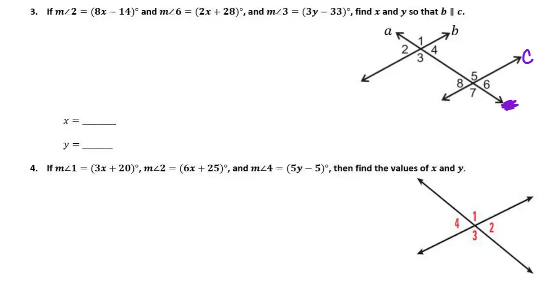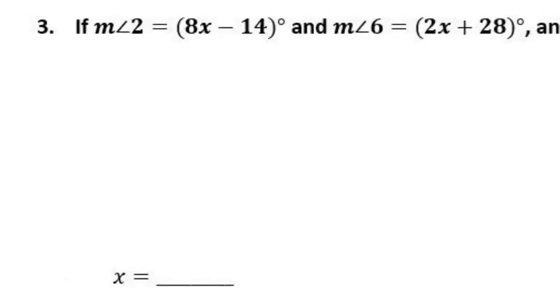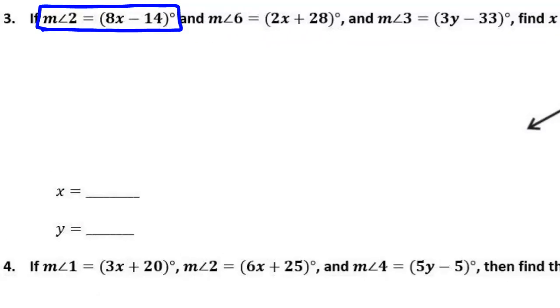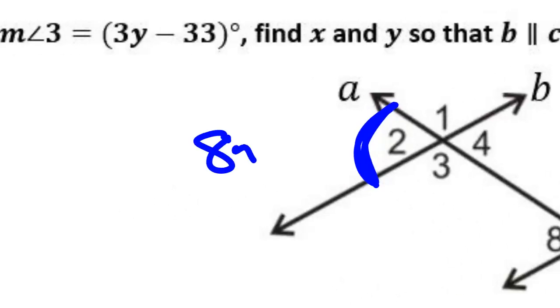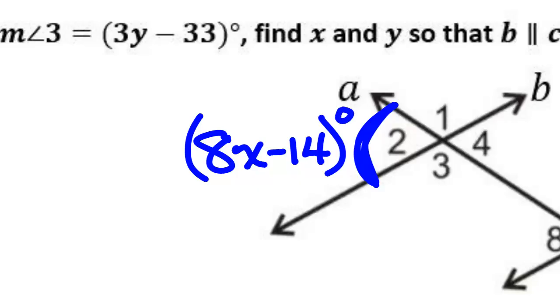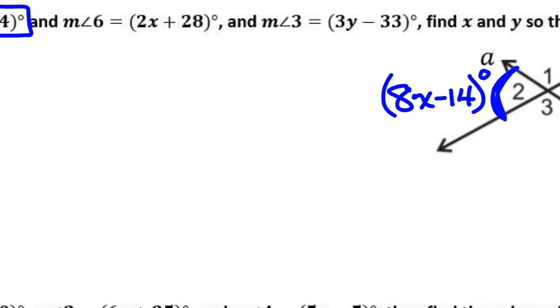named correctly. And then it says that the measure of angle 2 is 8x minus 14 degrees. So this angle right here is 8x minus 14 degrees. Angle 6 is 2x plus 28 degrees.